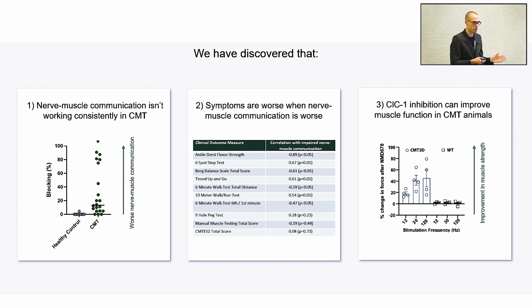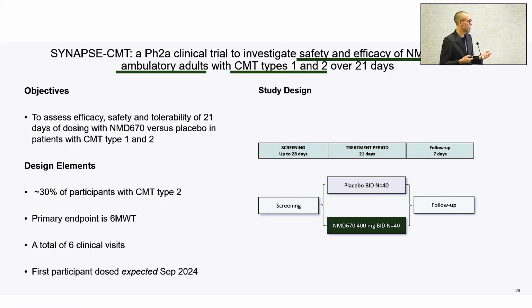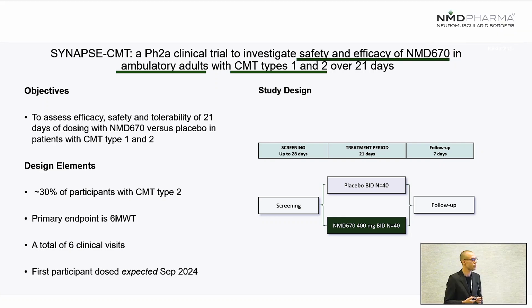We did comparable studies in a mouse model of CMT1A also. And so really these data very much supported the clinical development of ClC-1 inhibitors for the treatment of CMT. And based on those exciting results, it was decided by the company to progress NMD670 into clinical development for the treatment of CMT.